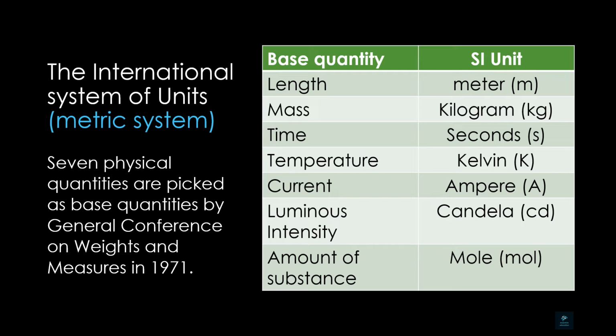These base quantities are length expressed as meter, mass expressed as kilogram, time expressed as seconds, temperature expressed as Kelvin, current expressed as ampere, luminous intensity expressed as candela, and amount of substance expressed as mole.